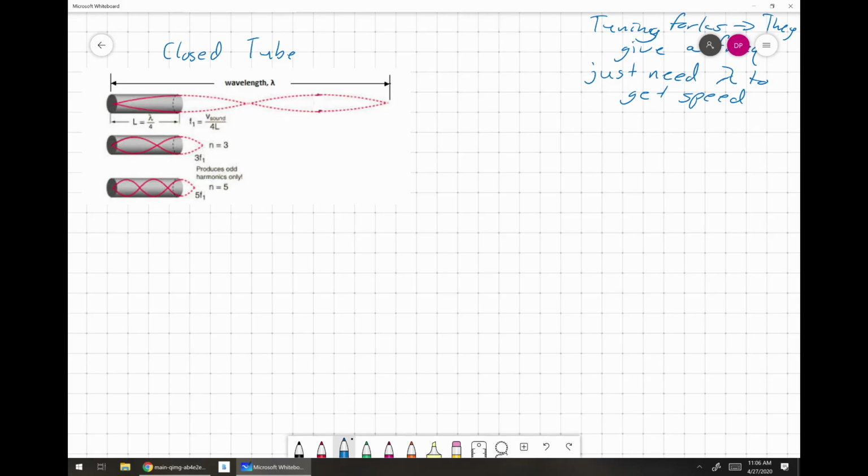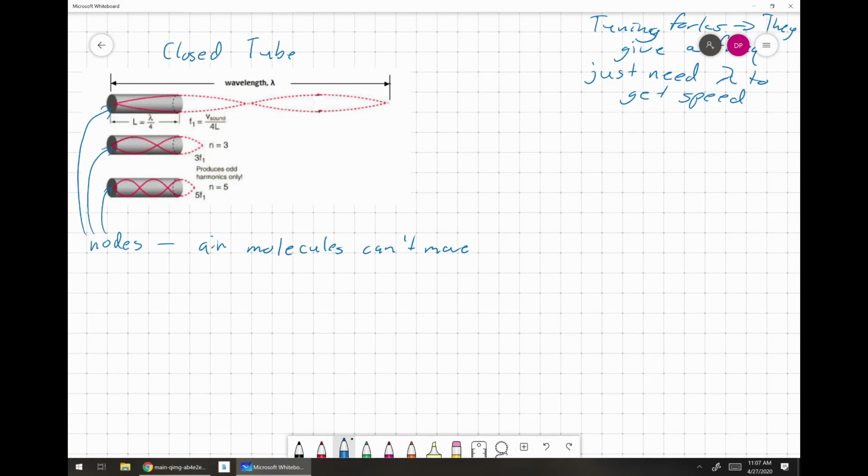So the condition here is that at our closed end, we have to have a node on our wave, right? So these are nodes here. And the reason for that is that the air molecules can't move, right? They're trapped against this end of the tube. So the air molecules can't move.